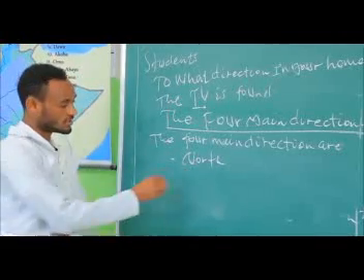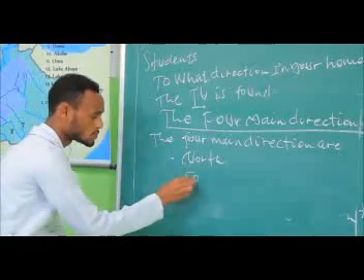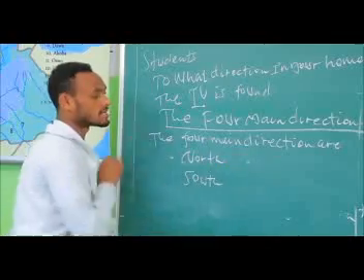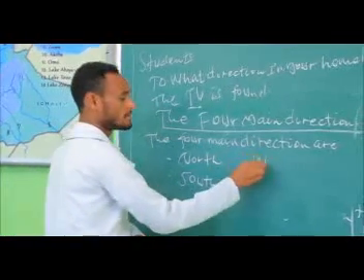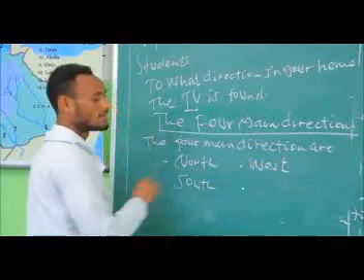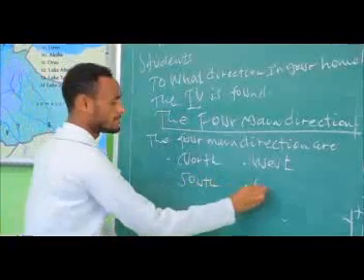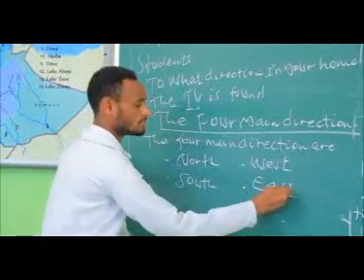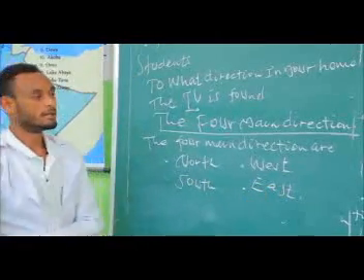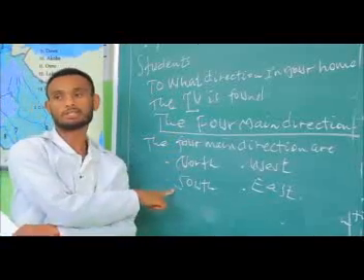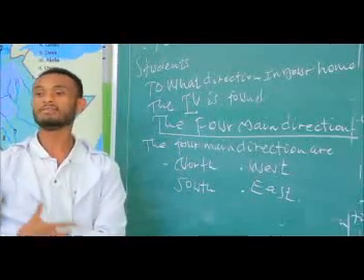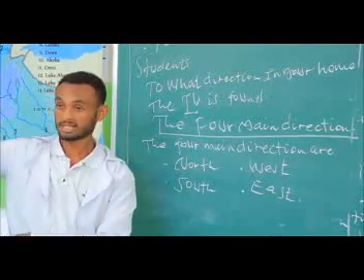The second one is south. The third one is west. The fourth one is east. By using these four main directions, you can locate a given object even at a distance.